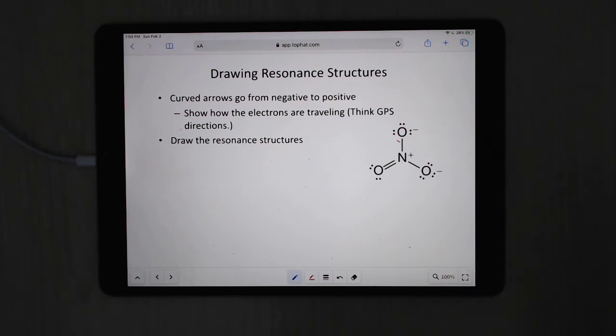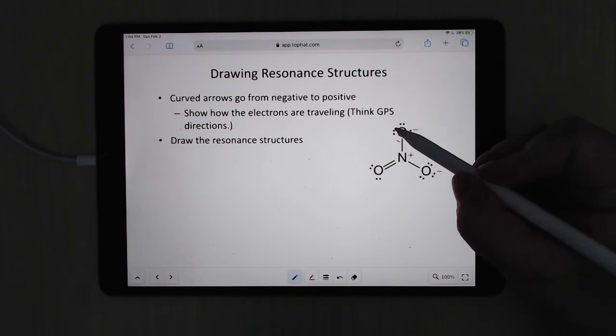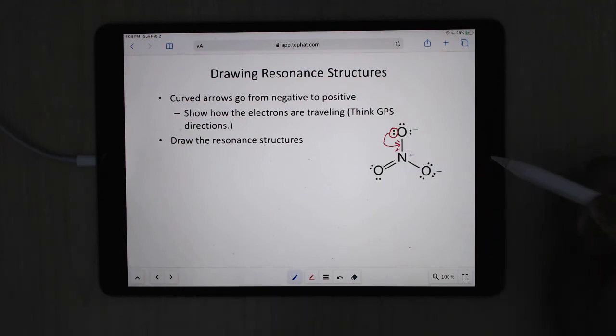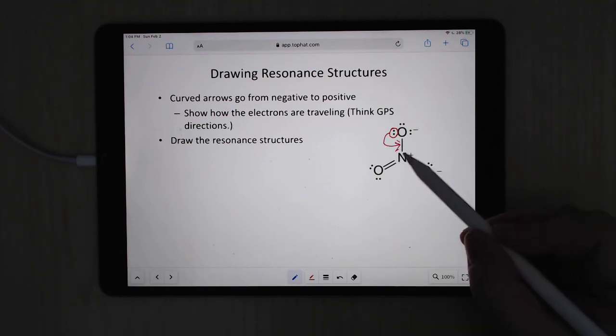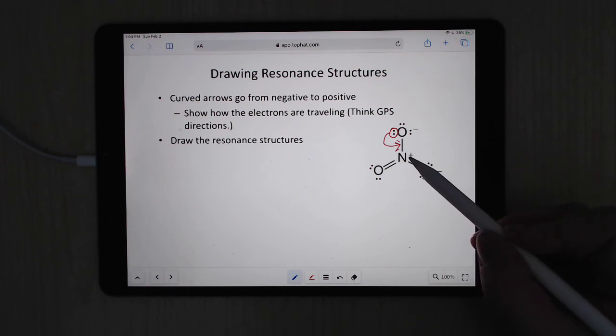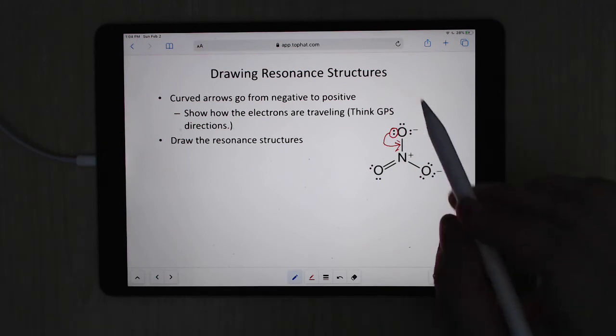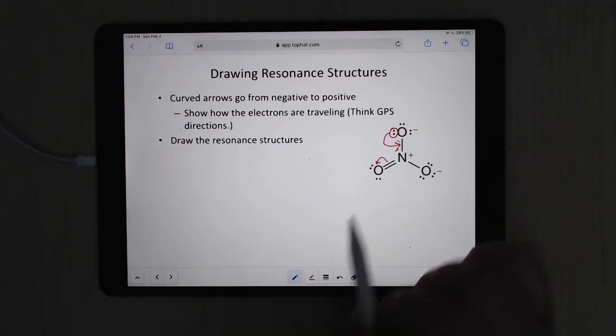So what we can do is say, okay, how about if instead we take one of these electrons and make a new bond, right? We can make it there. But the problem is this nitrogen already has its 4 bonds, and so it can't have a 5th bond. And so you can't push these electrons away, because that would cause this oxygen to break apart, or fall off. But what we can do is move these up there.